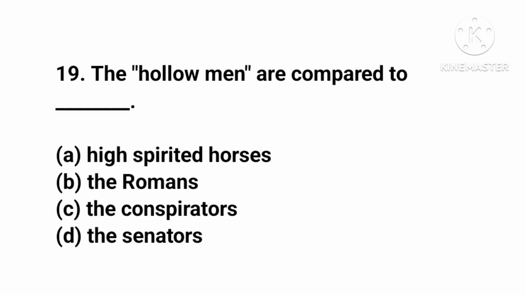Option C, the conspirators. Or option D, the senators. So they have been compared to something, and here you have to tell me what. Horses, Romans, conspirators, senators. Which one of the following? Tell me.